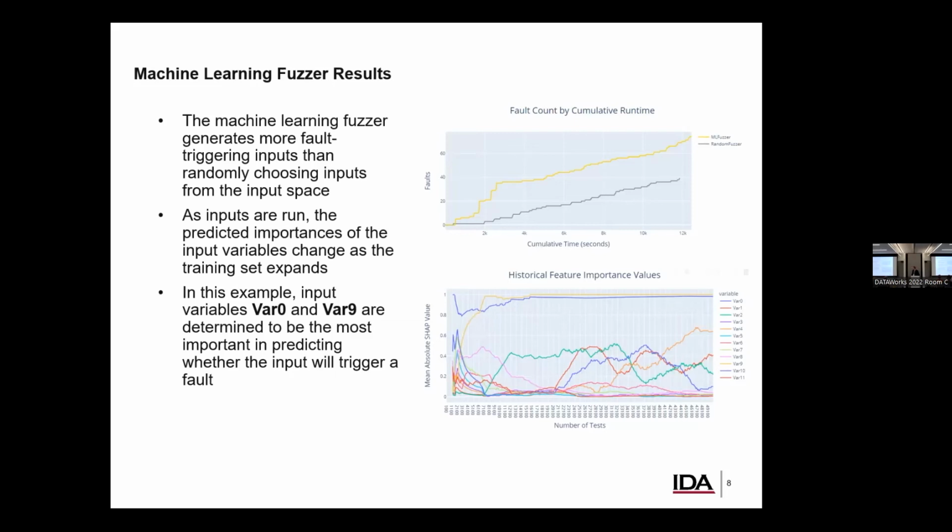And in the bottom, we're able to see how the feature importance values are changing as we add more data to that training set. You can see that the feature importance values of a lot of the variables are going up and down, but clearly variables 0 and 9 are dominating the rest. So that implies that they're the most important in determining whether or not an input triggers a fault.